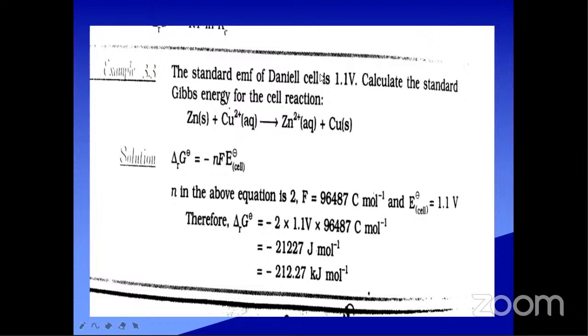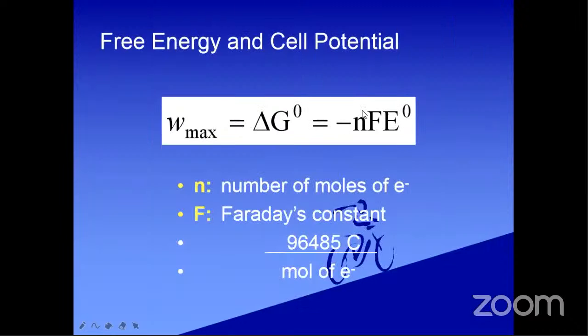What is asked? Calculate the standard Gibbs energy of the cell reaction. E naught value is given and it is asking for the standard Gibbs free energy, delta G naught.